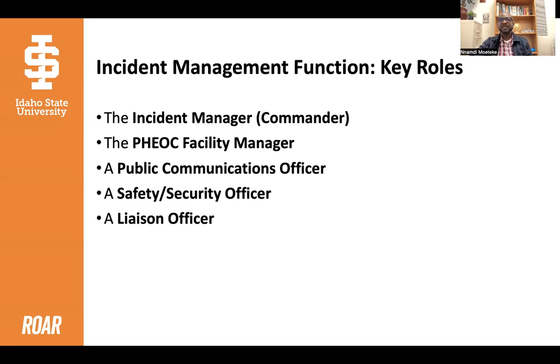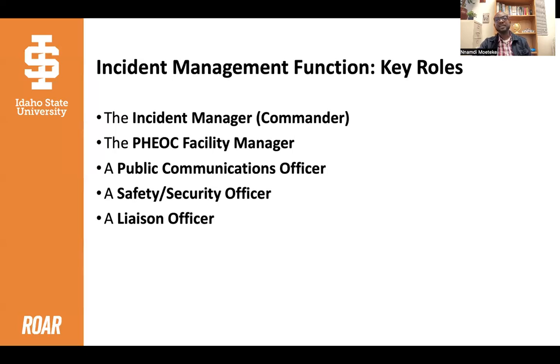And the Public Health Emergency Operations Center facility manager, who is responsible for the functionality of the Public Health Emergency Operations Center, including operations and maintenance of the facility. And we also have the Public Communications Officer, who develops and delivers communications products and advocates for the response.